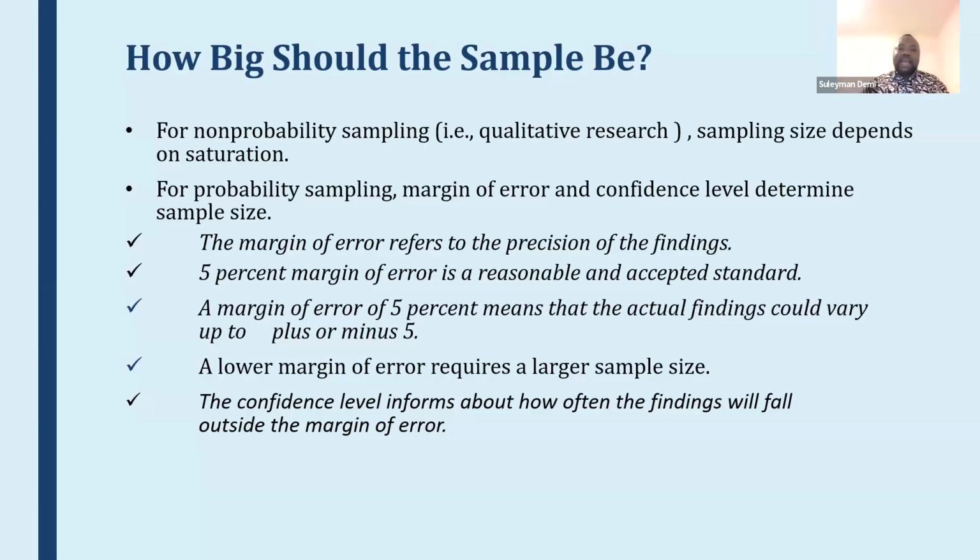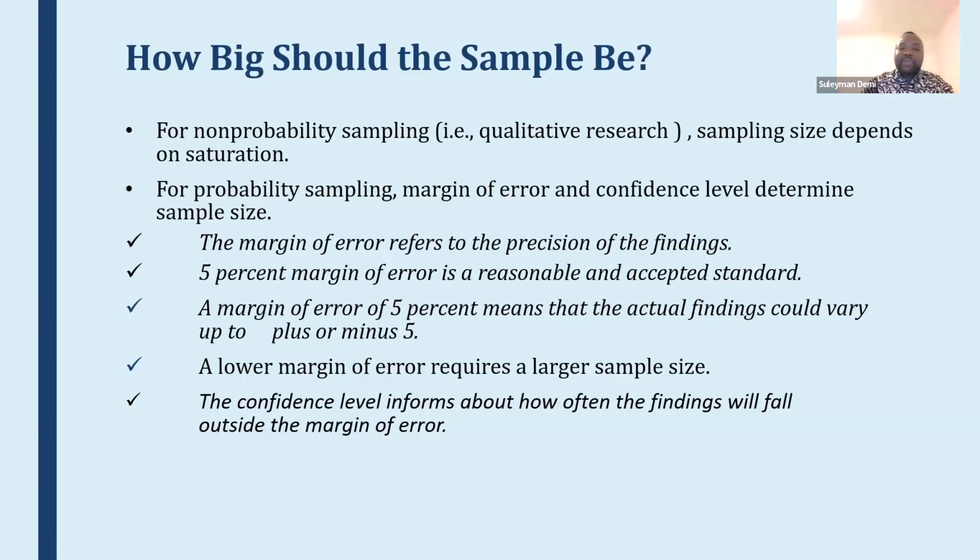So take note, right? And the higher the sample size, the more you are reducing the error, or sampling bias. Is that okay? So take note of that. So for probability sampling, margin of error and confidence level determine sample size. The margin of error refers to the precision of the findings. For example, a 5% margin of error is reasonable and acceptable.